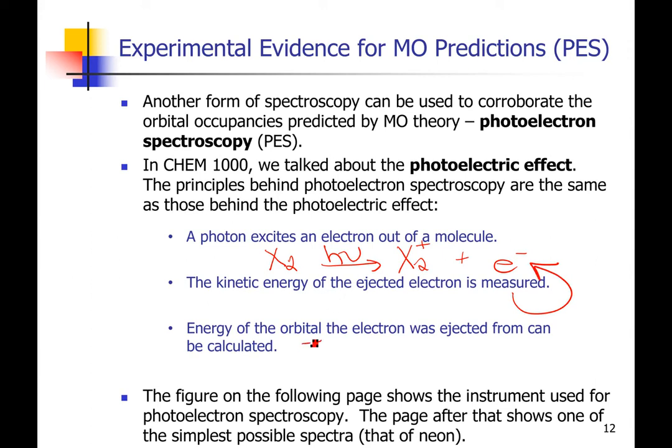We know that the energy of the light is going to be equal to the ionization energy, the energy of that orbital that the electron was initially in, or more accurately, the difference between 0 and the energy of that orbital that the electron was in. So, in other words, the absolute value of the energy of the orbital, plus the kinetic energy of the ejected electron. And so that's the process by which all of this experimental data is achieved.